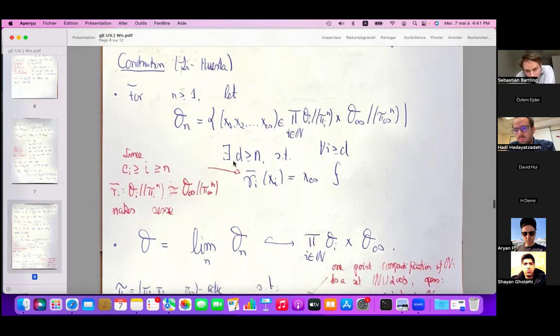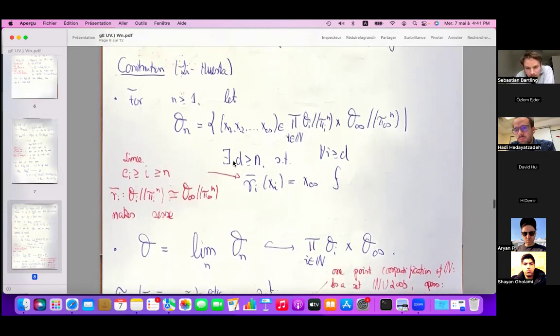Technically, this means there exists a bound greater or equal than n such that for all indices after it, under the identification gamma_i that I introduced, the value at i is the same as the value at infinity.